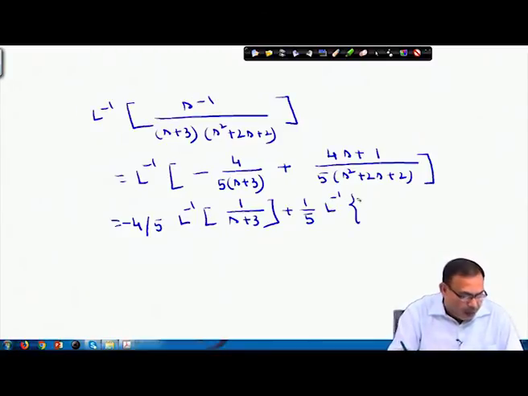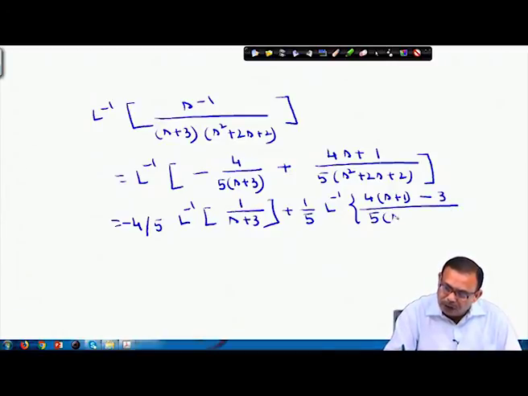You see, this will be 4 into s plus 1, so minus 3 will be added, over 5 into s squared plus 2s plus 2.